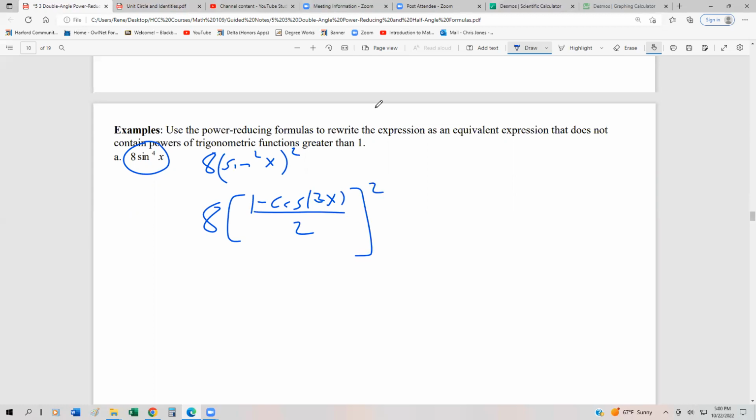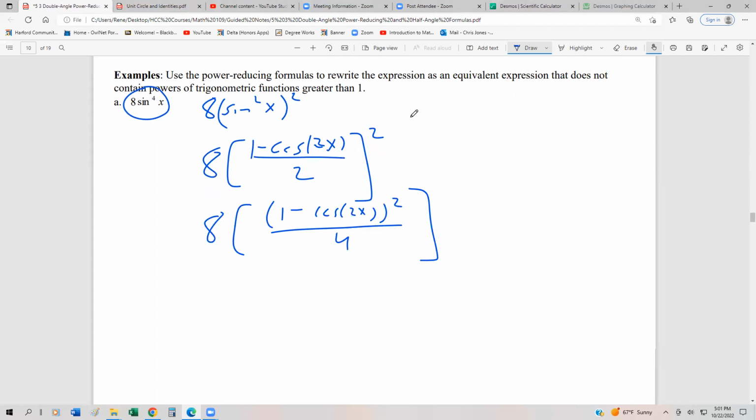So that's the square, but we do have to square that, right? And if we square it, that could be written as 8 times the quantity of 1 minus cos 2x, quantity squared, divided by 4. All right. And the reason I did that first before I squared anything out was because I wanted to simplify this. Now the 8 and the 4 are going to simplify to a 2, right?